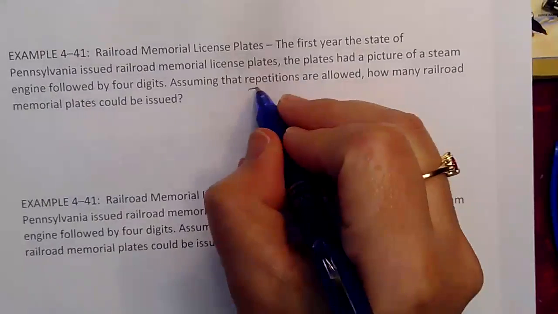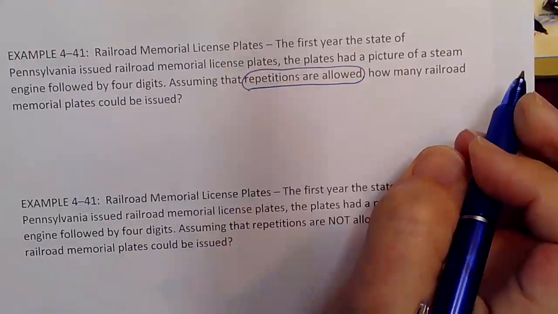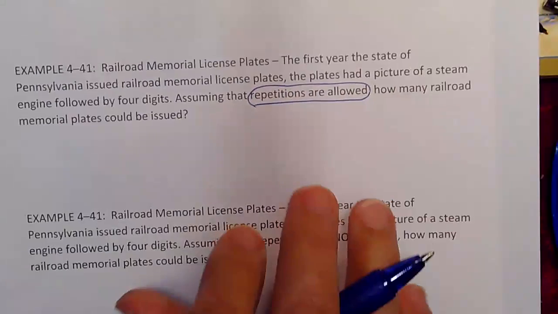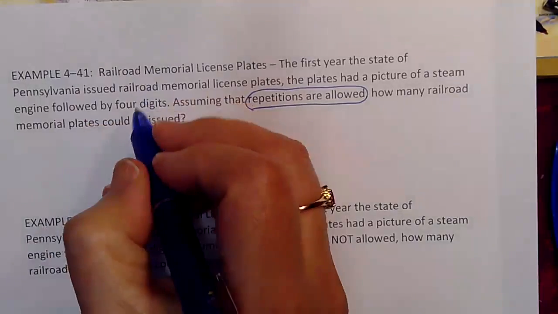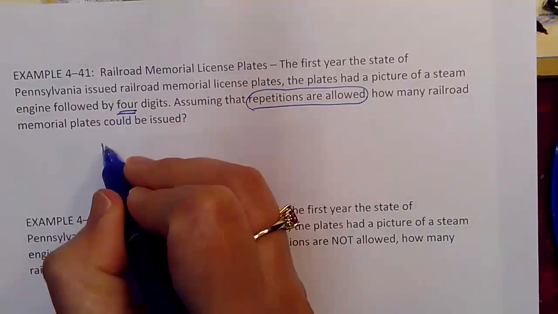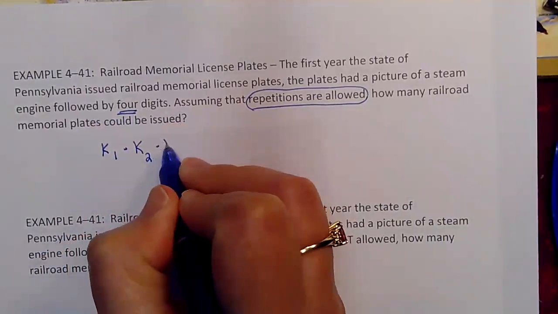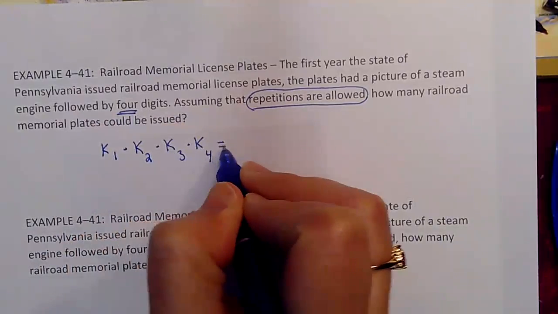They're going to allow you to repeat, how many railroad memorial plates could be issued. Okay. So as far as K1 through what do we need? Because there's 4 digits, that means we need a K1 through K4. K1 times K2 times K3 times K4.